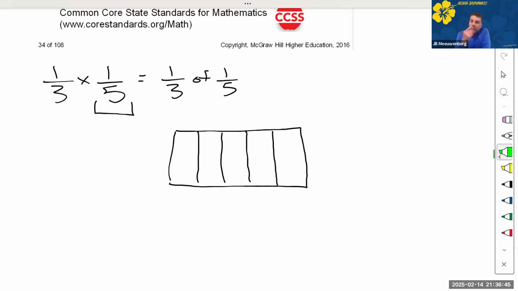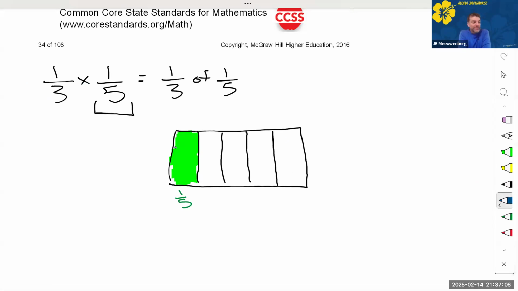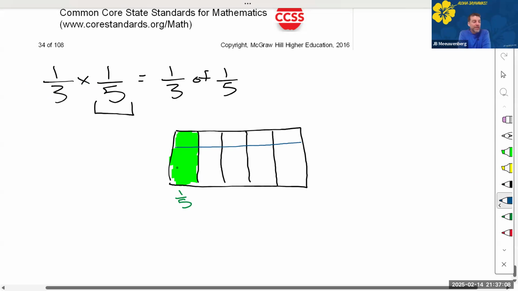So there, our rectangle is cut up into fifths, and we're going to use just one of them. So I'm going to shade in just one of my fifths. Okay, so this section is representing 1/5. And now what we're going to do is we're going to take 1/3 of this. So I'm going to now draw horizontal lines to cut my entire rectangle into thirds.